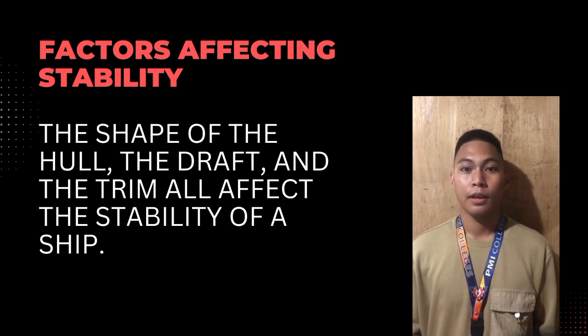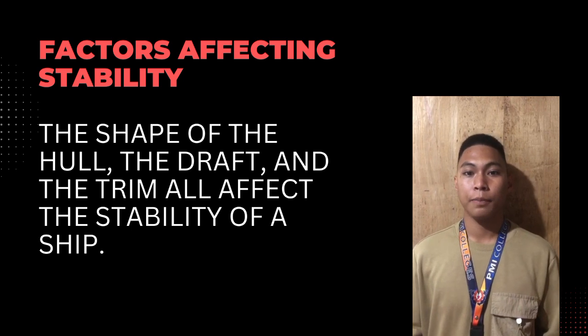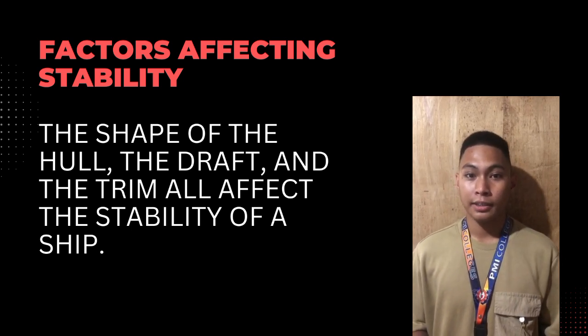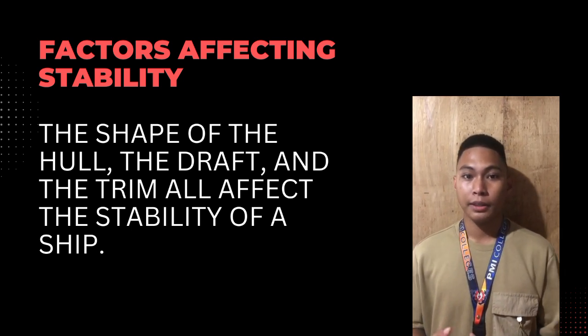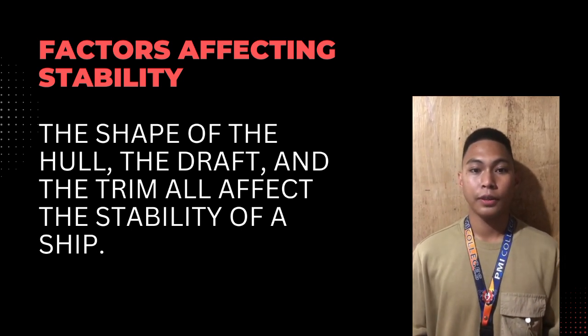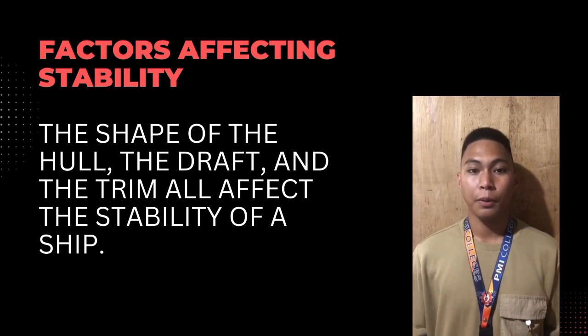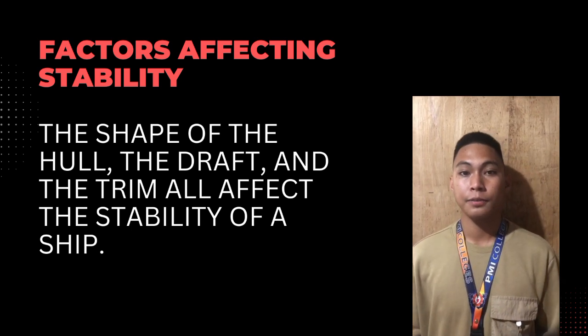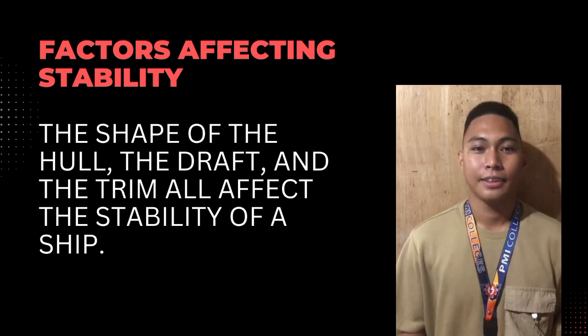For example, a wide, rounded hull typically has a higher metacentric height and better initial stability than a narrow, deep one. Conversely, some hull shapes are optimized for better stability in rough seas over long distances.